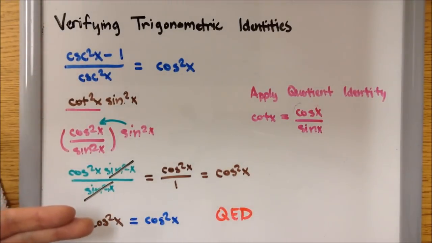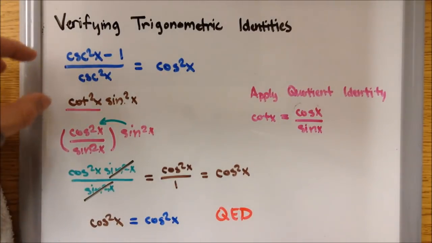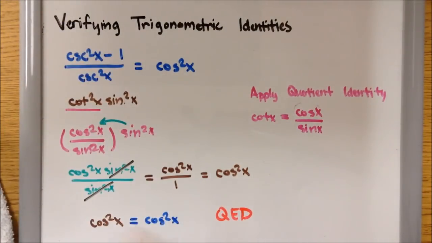So we just verified the left side by simplifying using the reciprocal quotient identities, the Pythagorean identities, factoring out, and then converting into sine and cosine. Once you simplify and verify that the left side is equal to the right side, you're done.